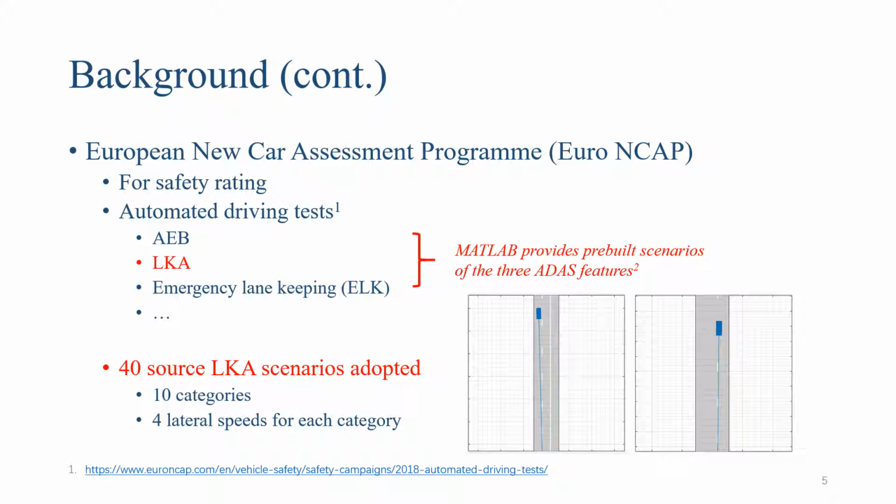So basically, these scenario categories are designed to test the LKAS in different conditions, and since there are 4 lateral speeds of the ego car for each category, there are totally 40 LKA scenarios. All of them are adopted as our source test cases.